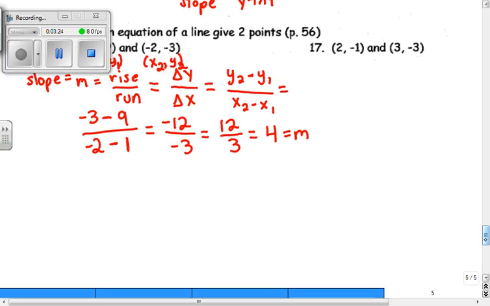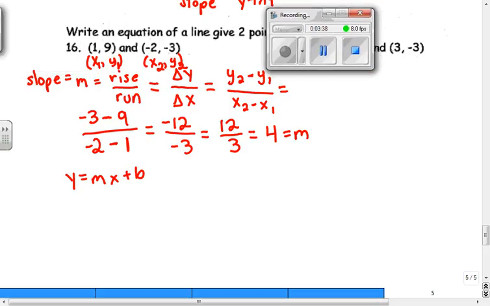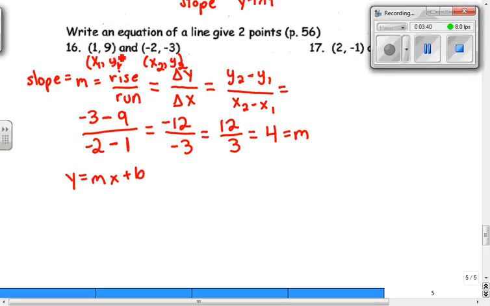So what do we do at this point? Well, at this point, we work as though we have our slope and a point, because we do. So we have y equals mx plus b. Okay, which point do we want to use? We have 2 points that are given to us. I'm going to use this point, 1, 9. Why am I going to use that point? Because it's easier. It doesn't have negatives in it. So let's plug in the applicable values. Y is 9. Our m we found is 4.